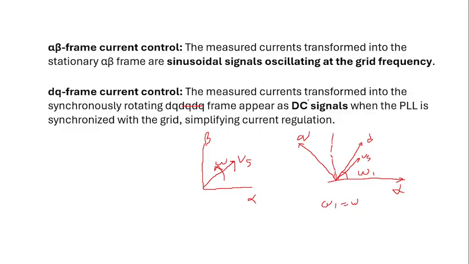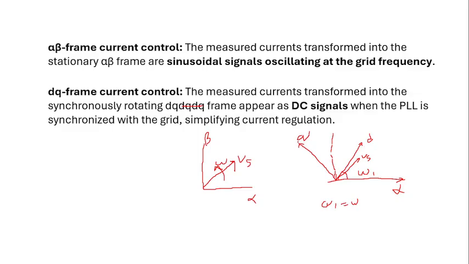So the measured currents are transformed into the synchronous frame of reference, that is this omega 1, this is also rotating, so this is forced to rotate at the speed of Vs, so that we can capture the dynamics of the inverter in synchronism with the grid. So the appeared quantities d and q are pure DC, so we can control these two easily.